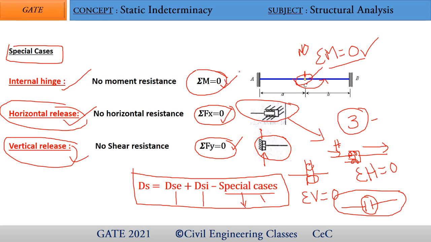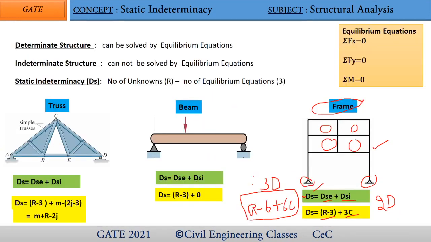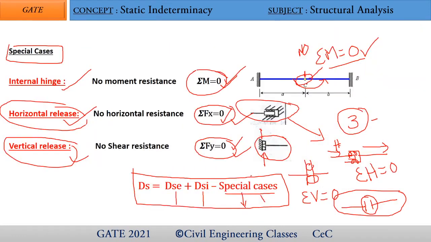That may be sum of the moments equal to 0, sum of Fx equal to 0, or sum of the forces in the y direction equal to 0. So this is the concept of static indeterminacy, and how to find it for a truss, beam and frame, in 2 dimensions as well as 3 dimensions. Now we will see some examples.